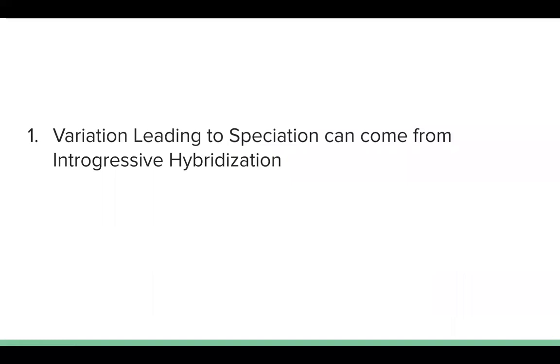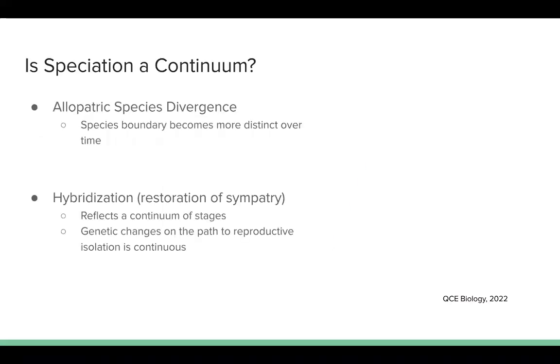And so this adaptive introgression between these butterflies shows that variation that leads to speciation doesn't necessarily need to come from new mutations, but can come from introgressive hybridization. And this may possibly accelerate the evolutionary process and therefore shows that hybridization may have a significant role in evolution.